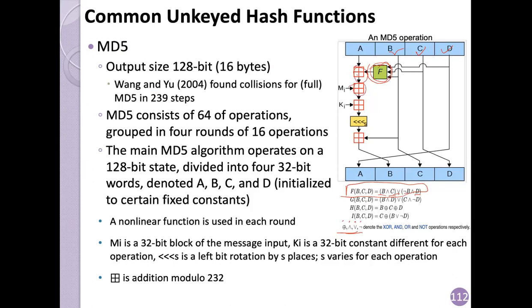It adds it to 1 byte of the message, and then a constant is added, which is different for each round of the hash. Then it's rotated to the left by some bits, and then again it's added to B, and the result goes to byte B.